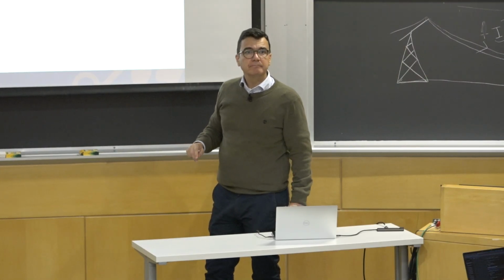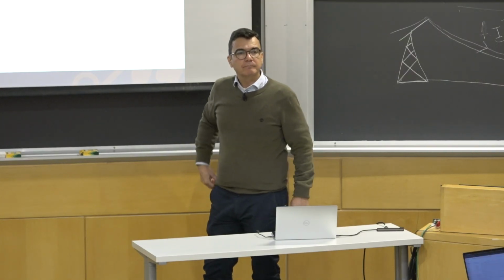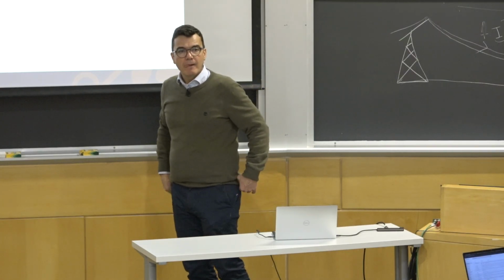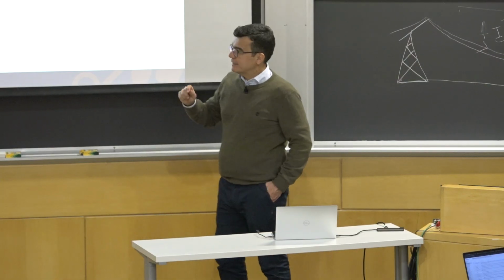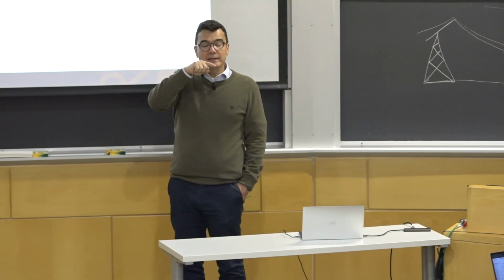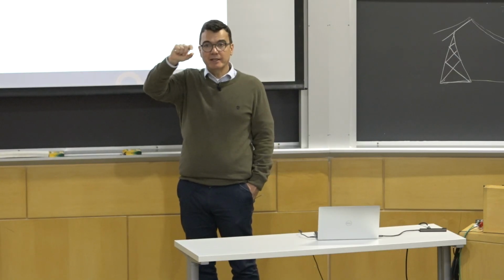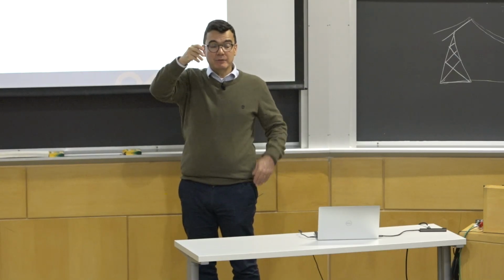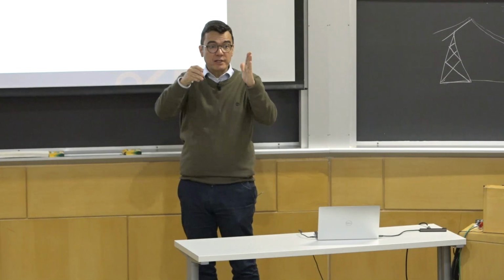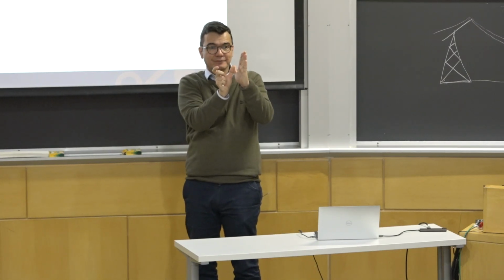Hopefully I've explained it right for the first part of the class. What do you mean by phase angle? It's like the voltage at every node is a sinusoidal wave. It has a magnitude, and with respect to a given reference, you have an angle. It's like the phase.